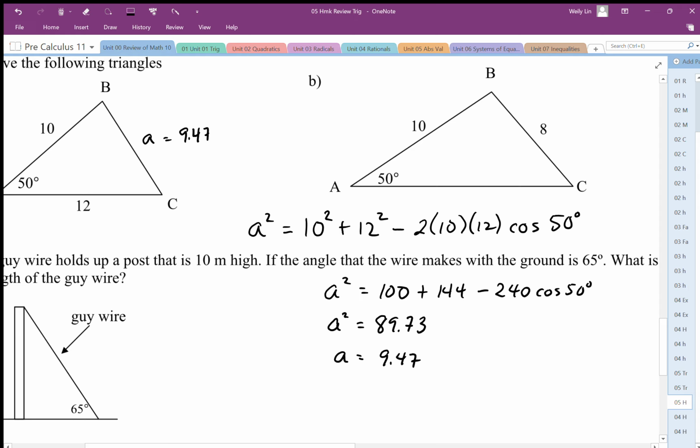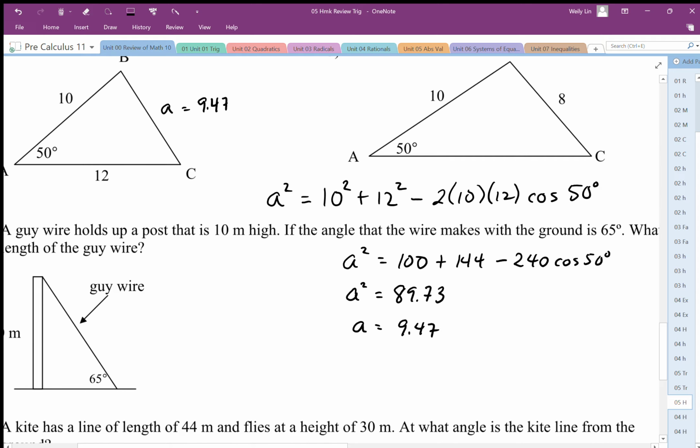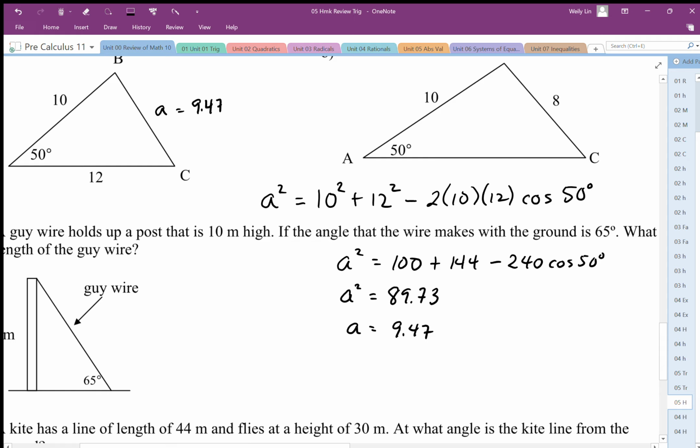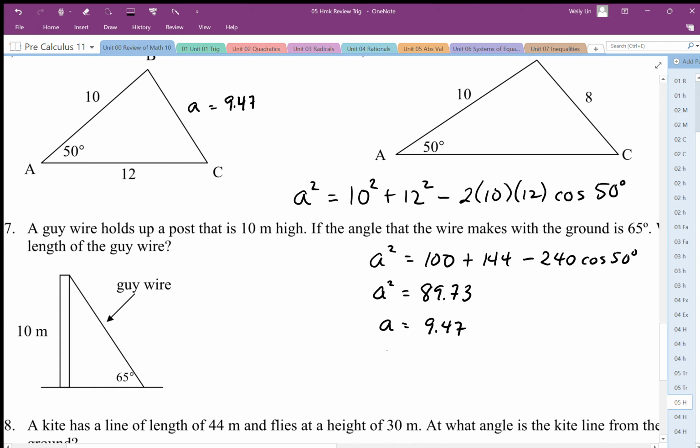And then I can work out either angle B or C using the sine law. So I'm just going to use the sine law to pair up side B and side A. So I'm going to write my ratio as sine of 50 degrees over the opposite side 9.47 is equal to the sine of angle B over the side opposite to B, which is 12.